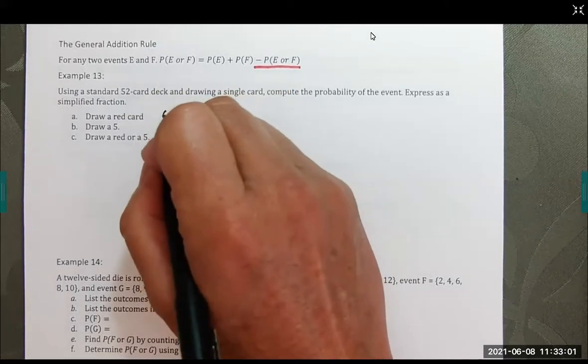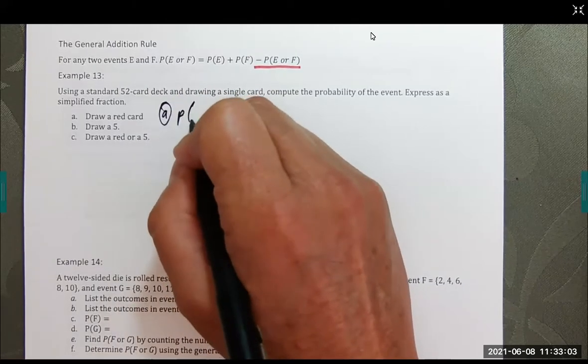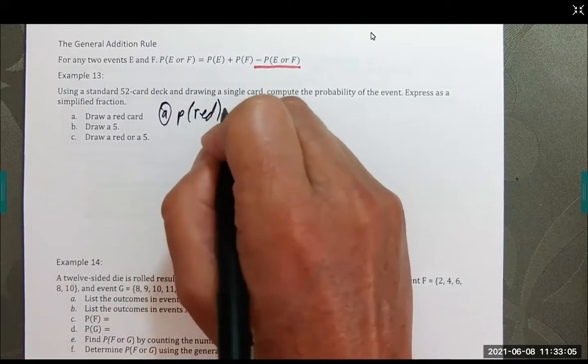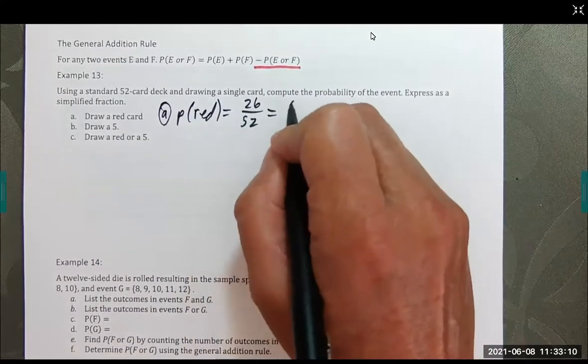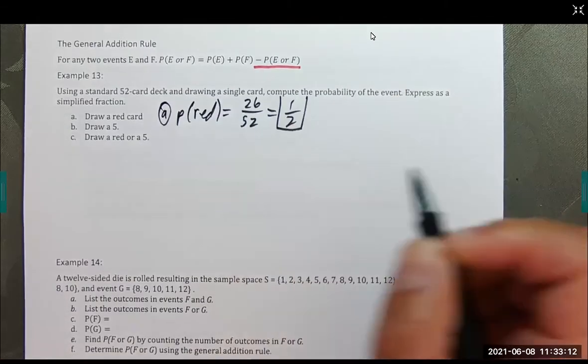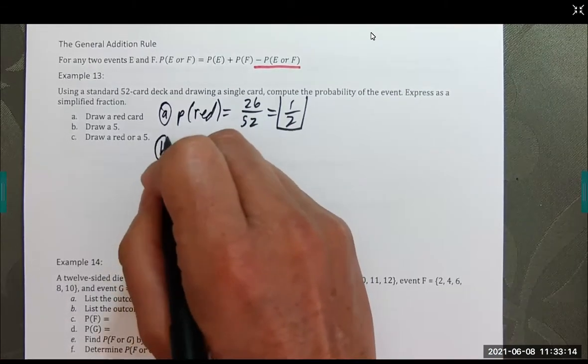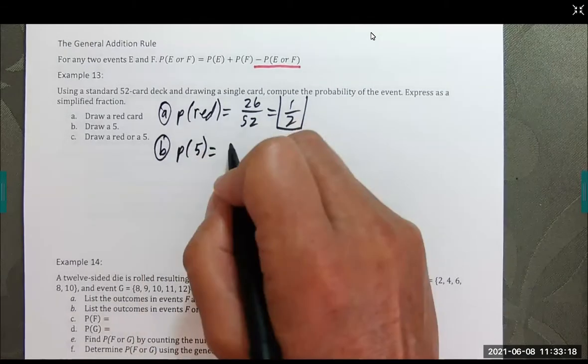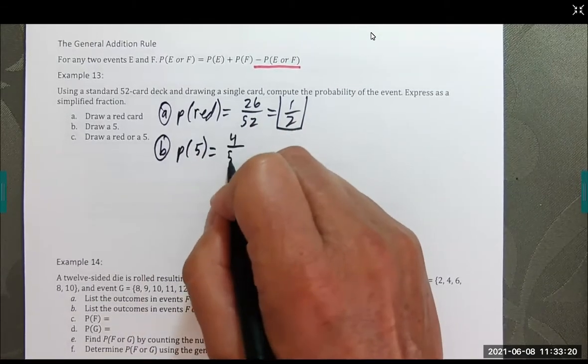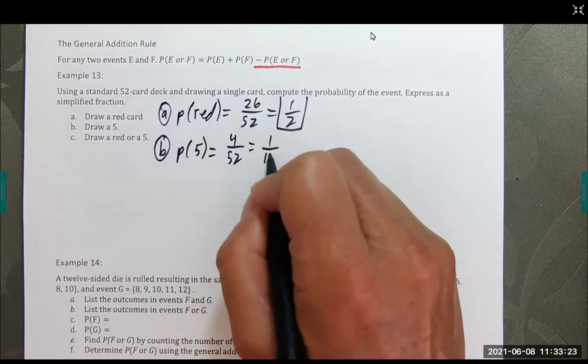So part A says the probability of drawing a red card. Well, half of them are red, so 26 out of 52, or 1/2. Probability of drawing a 5. As we mentioned before, there are 4 out of the 52 that are 5s. That's 1 out of 13.